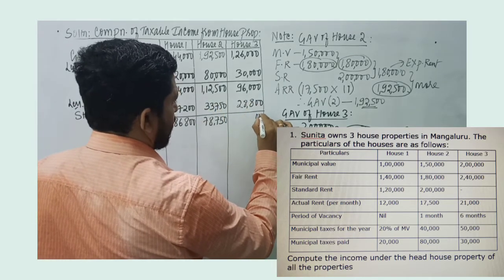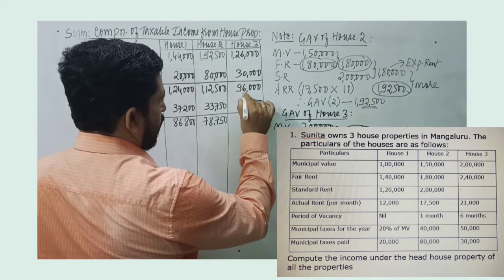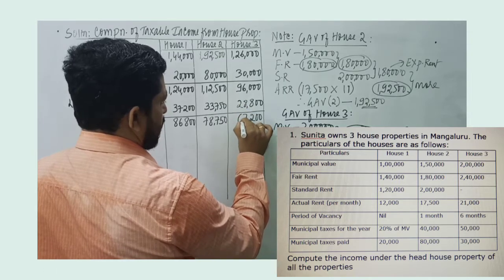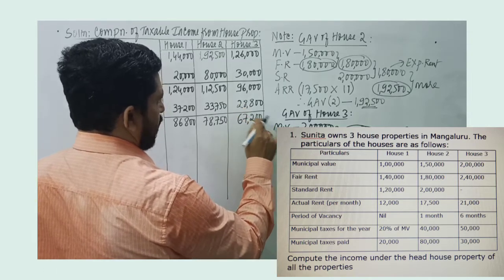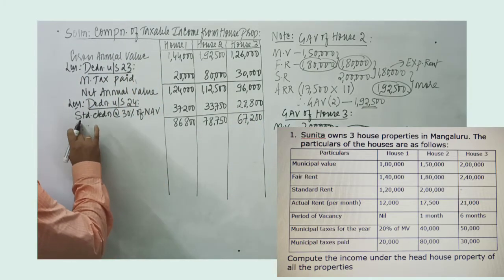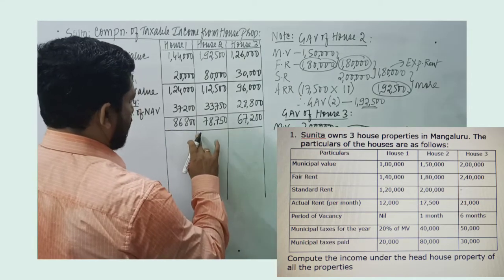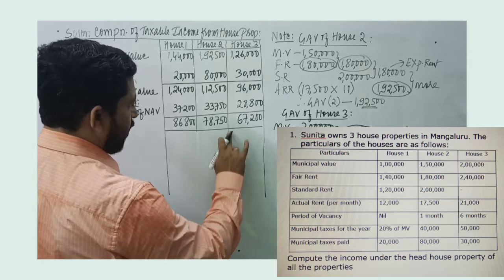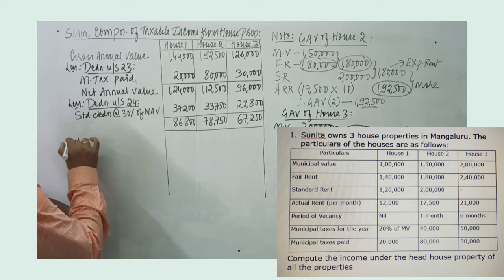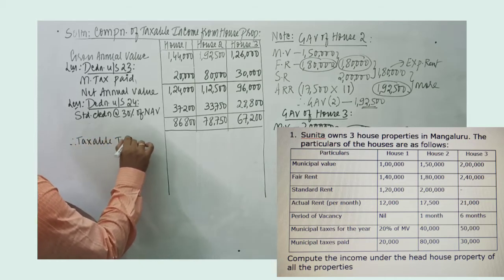Then from 96,000, deduct 28,800. So 67,200. So therefore, these are the incomes now: 86,800, 78,750 and 67,200.